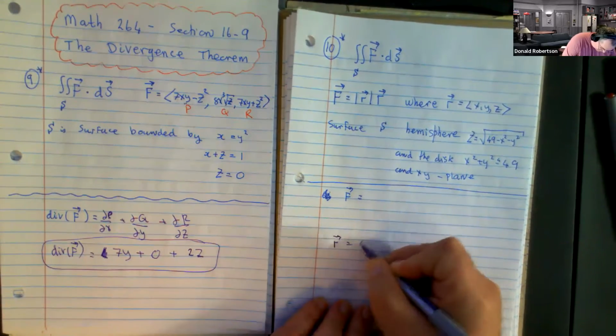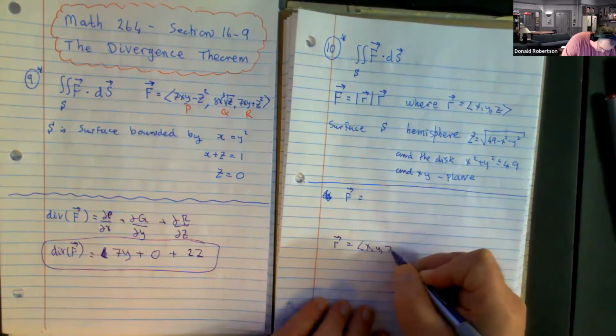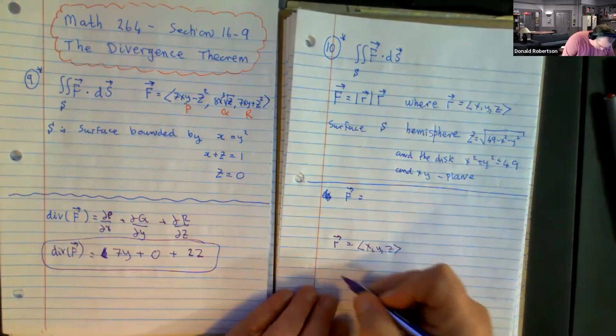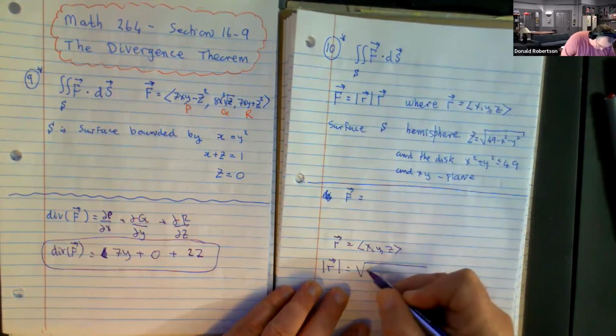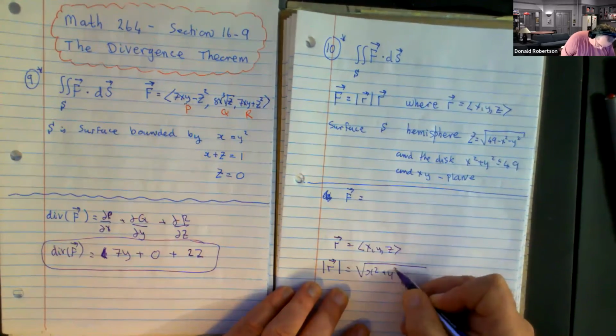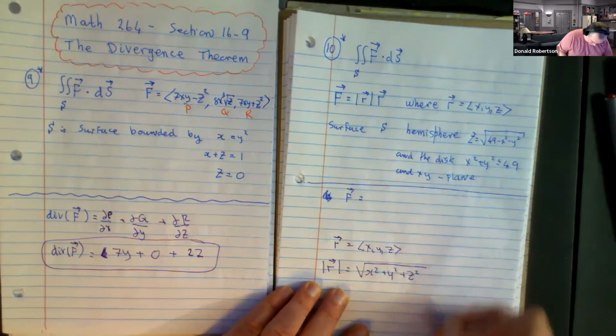Since R is described as that, which is essentially the position vector, the magnitude of R is the square root of x squared plus y squared plus z squared.